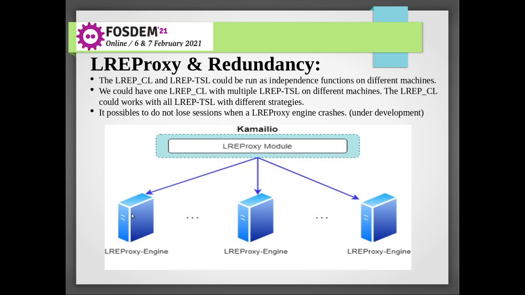For example, we could have one LREProxy control layer with multiple RTP proxy engines on different machines. The control layer could work with all of them with different strategies, for example active or active slave, with strategies like round robin, linear, and others.